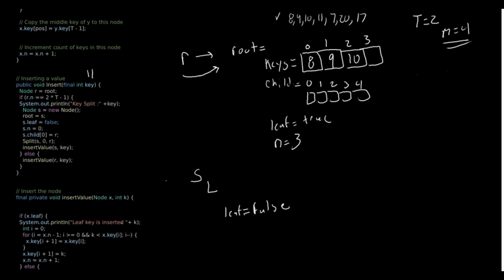But this here, when it's initialized, the only difference is usually for new nodes the leaf is true. Here, in this case, it's false. All right. And then right here, as you look, and then you have n equals 0. All right.